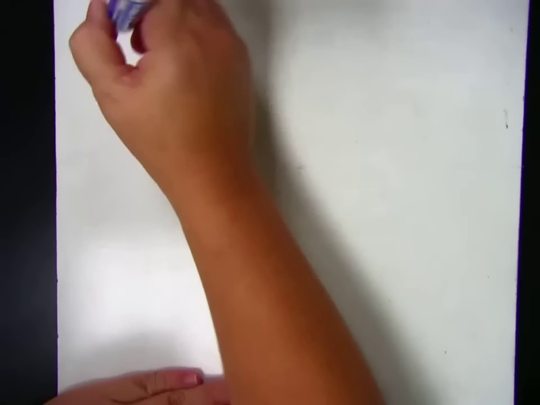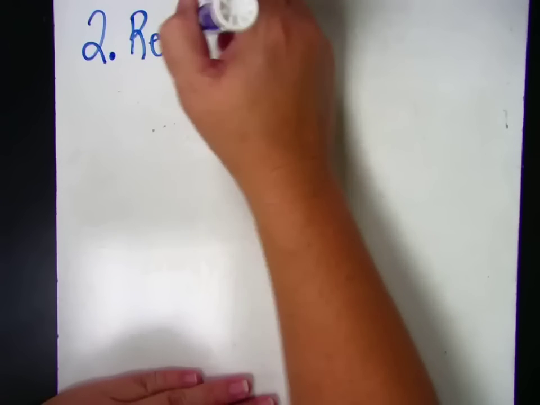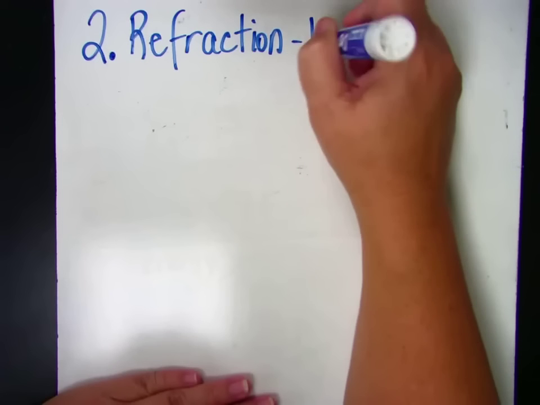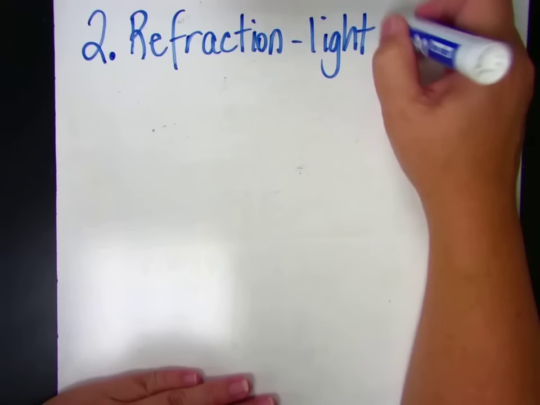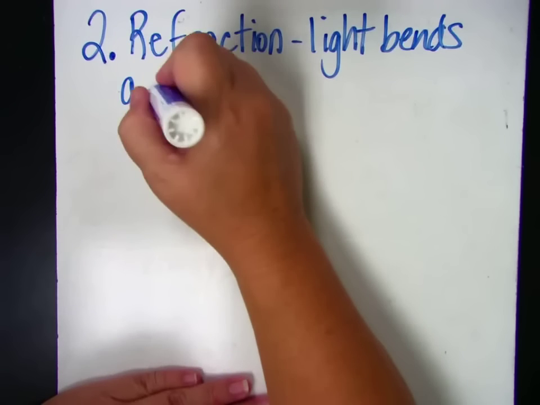The next word that we need to know and the next behavior of light, similar to reflect, but don't get them mixed up, it's refraction. Okay, and refraction is when light bends as it goes through a clear object.